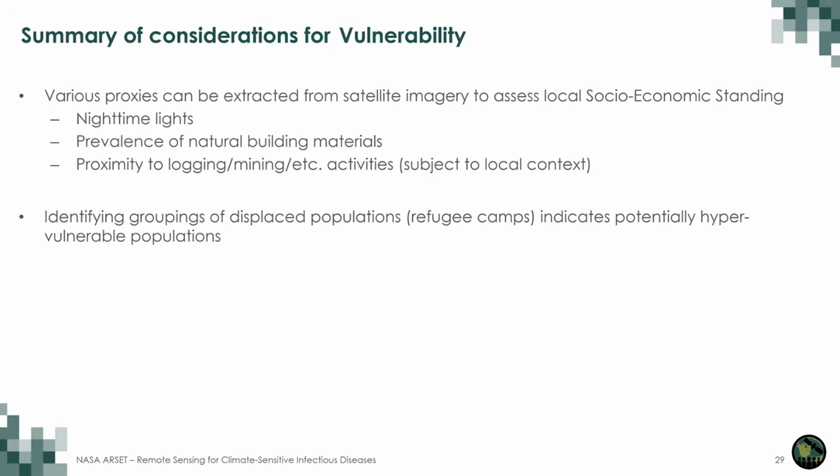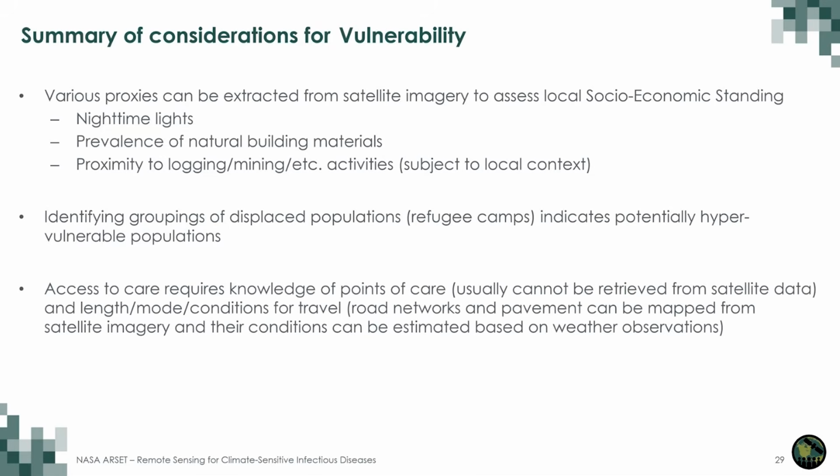Another thing that you can use remote sensing data for is to identify groupings of displaced population. So refugee camps indicate potentially hyper-vulnerable populations where outbreaks are very likely. And you can use remote sensing very effectively to do that.